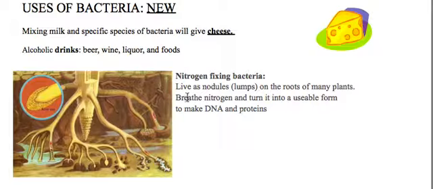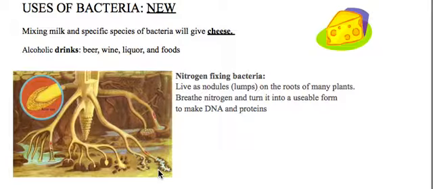Another important thing, which this one is completely new, is a nitrogen-fixing bacteria. And this is a cartoon, and you have these little lumps here, and these lumps on the roots of these plants are nodules where nitrogen-fixing bacteria live.